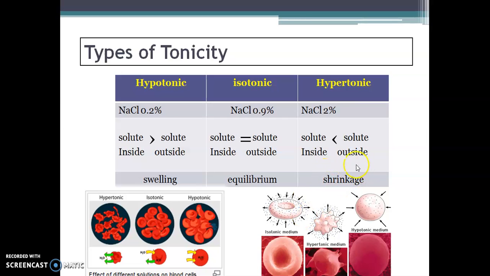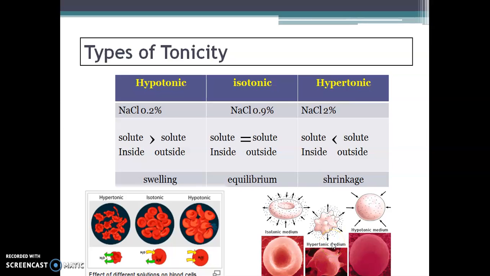When erythrocytes are placed in a hypertonic solution, water moves out of the cell to decrease the concentration of solute in the surroundings, and continues to do so until the concentration of solute on either side of the membrane is equal.